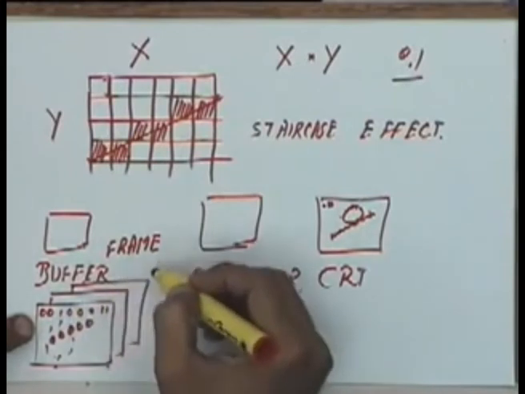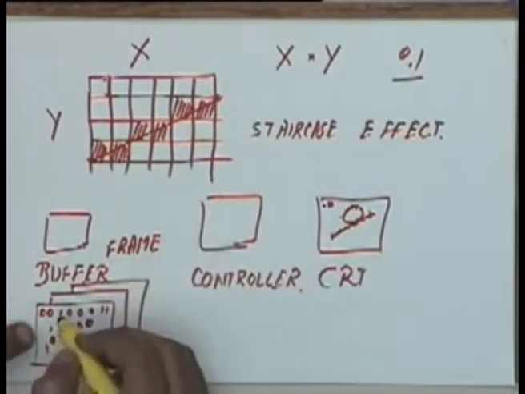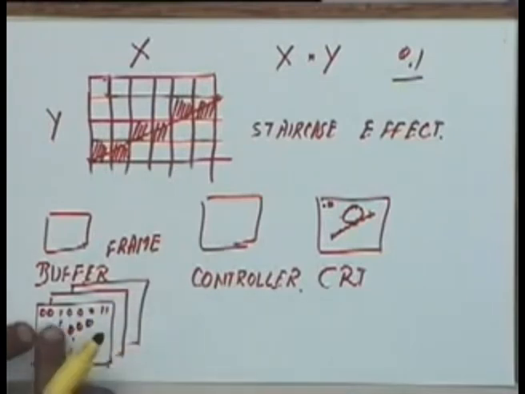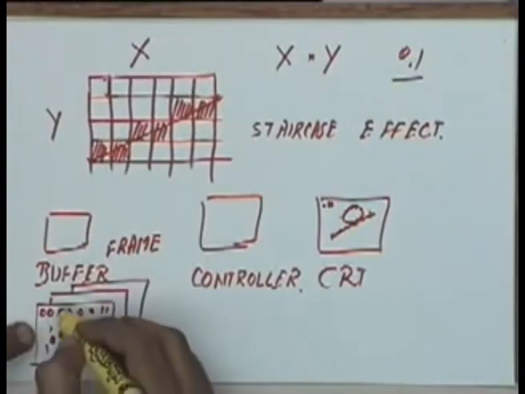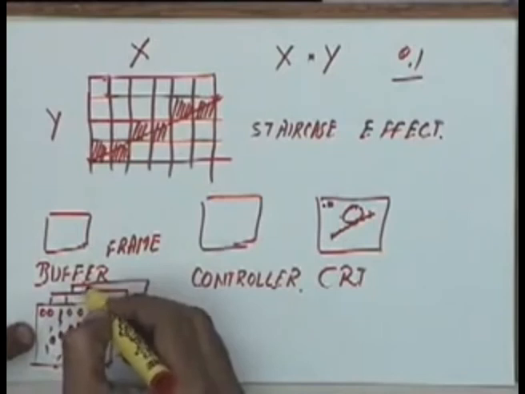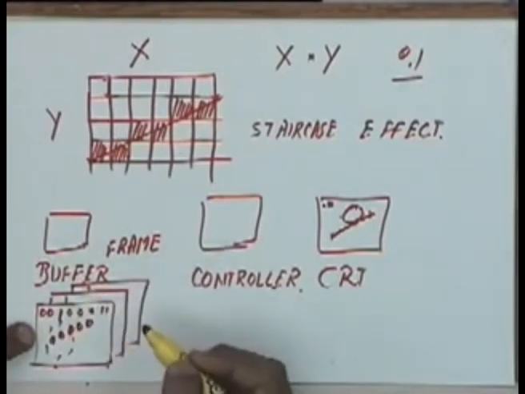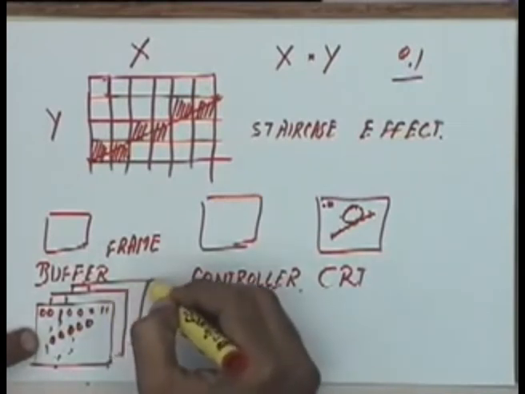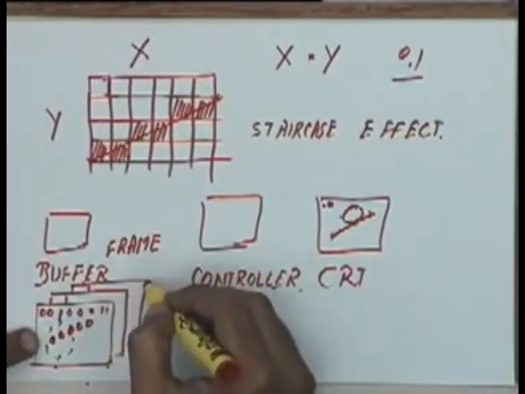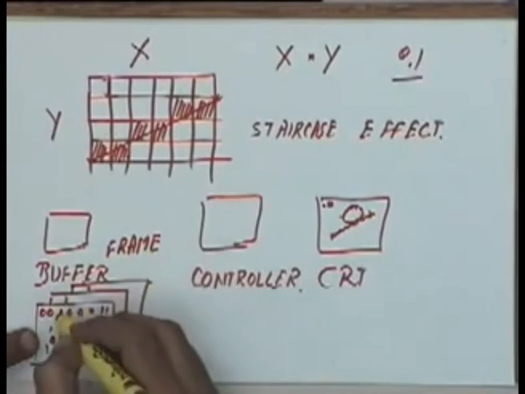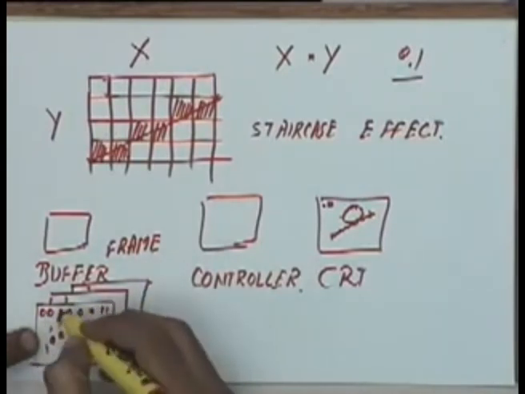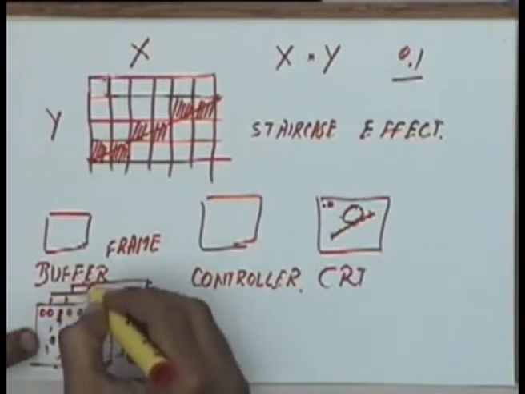In each of these buffers, there will be one location for a particular pixel. So for describing one pixel, we will have one bit here, and one bit here. Let us say if we have 3 such frames, then for describing each pixel, we will have 3 bits available.